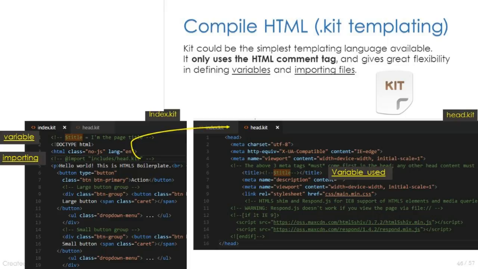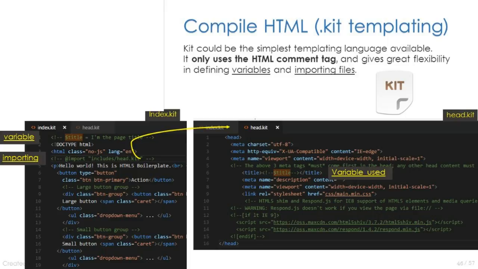To compile HTML, what we mean is that you will have, as you can see, a page called index.kit. In this page, you will code as normal HTML, nothing different. The only thing is that with the syntax of Kit, you can add variables and import different blocks. You can import HTML pages and also Kit pages.